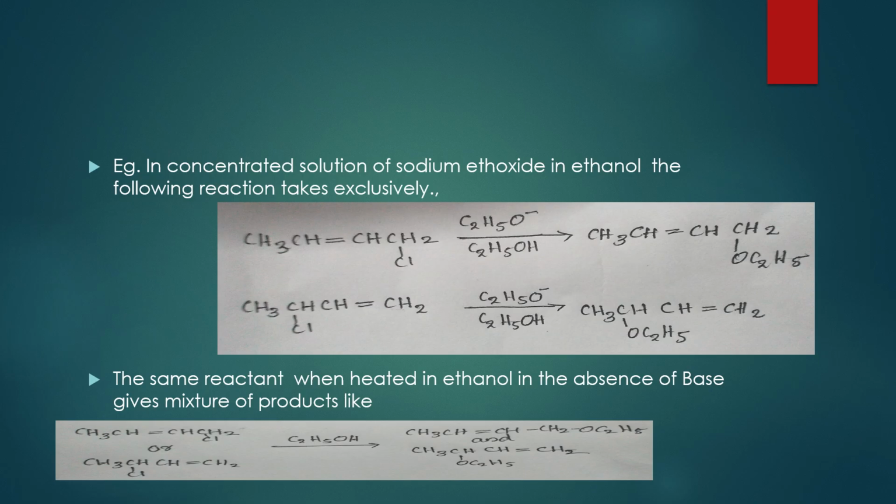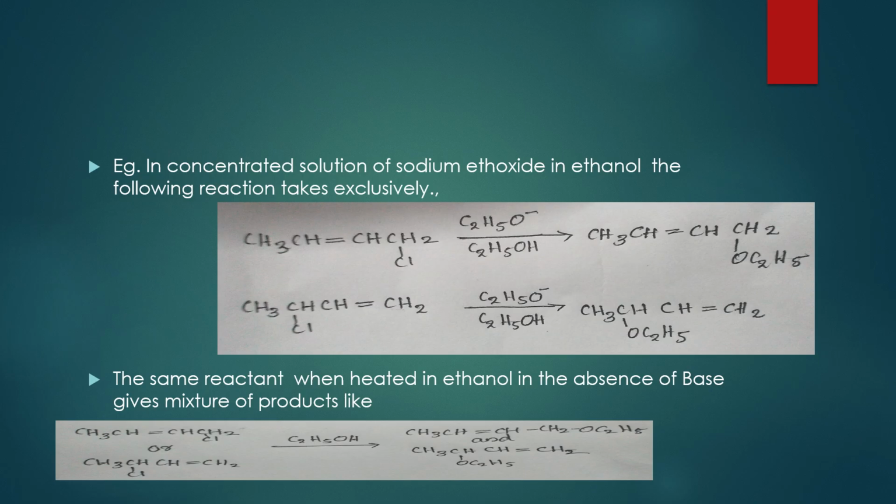So in the second example, if you take this 1-chloro-2-butene and treat it with simply ethanol, you will get a mixture of two products. That is, you may get either 1-ethoxy-2-butene or 3-ethoxy-1-butene. What is the reason behind it? If you take 1-chloro-2-butene, the first step is heterolytic bond cleavage of the C-Cl bond to form the carbocation.